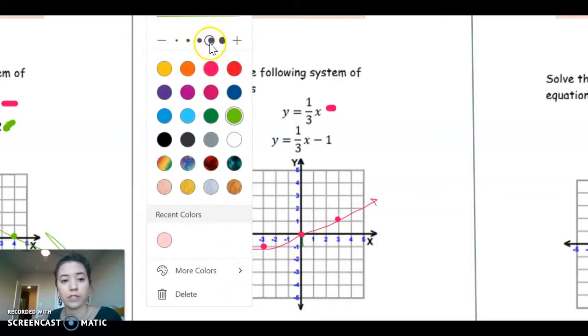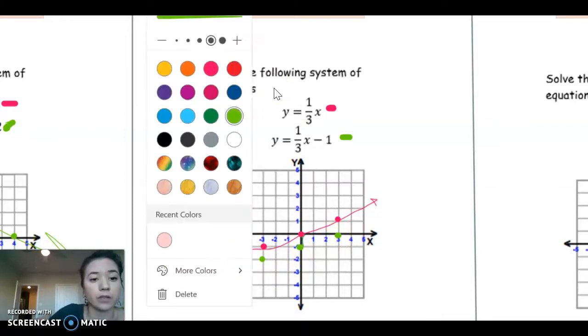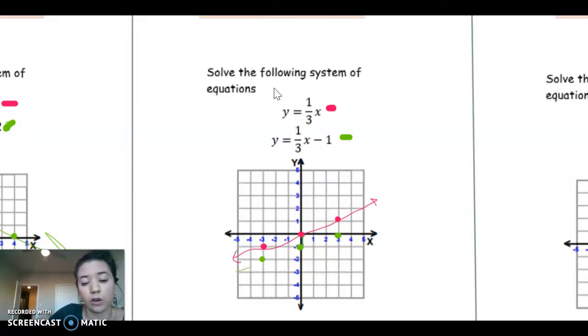Okay, and then we're going to graph this next one here. 1/3 x minus 1. So minus 1 is here, and then up 1 over 3. Up 1, or down 1, back 3. And then draw a line.